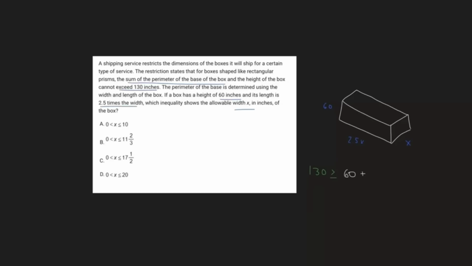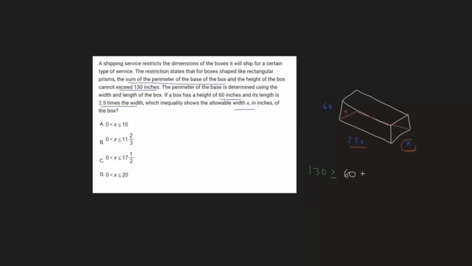So the perimeter of the base of the box is just that base, that one side, right? So that one side, we're going to have that length and that width. However, there's that other side. I'm trying to make the drawing. This is a three-dimensional object, so you have two widths in reality, right? You have a width on this side right here, and you have a width on the other side. And the same thing with the length, right?